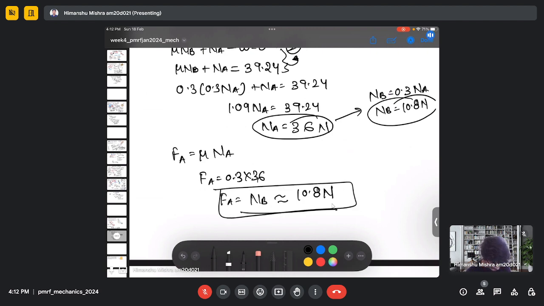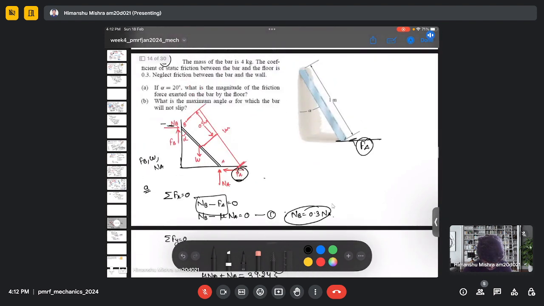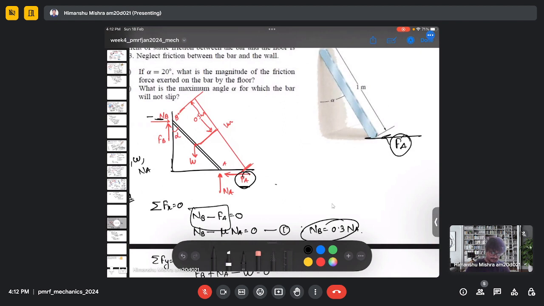So this is the friction force which is acting at the floor. In the next part, we need to find the angle for which the bar will not slip.